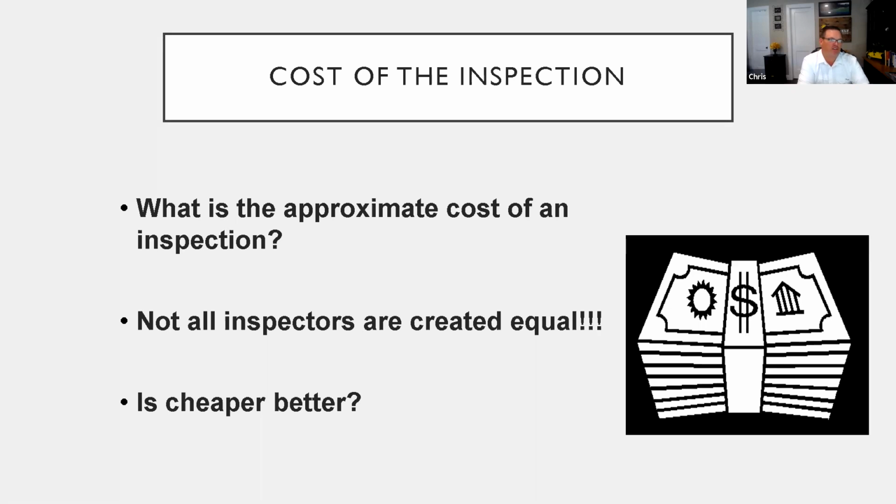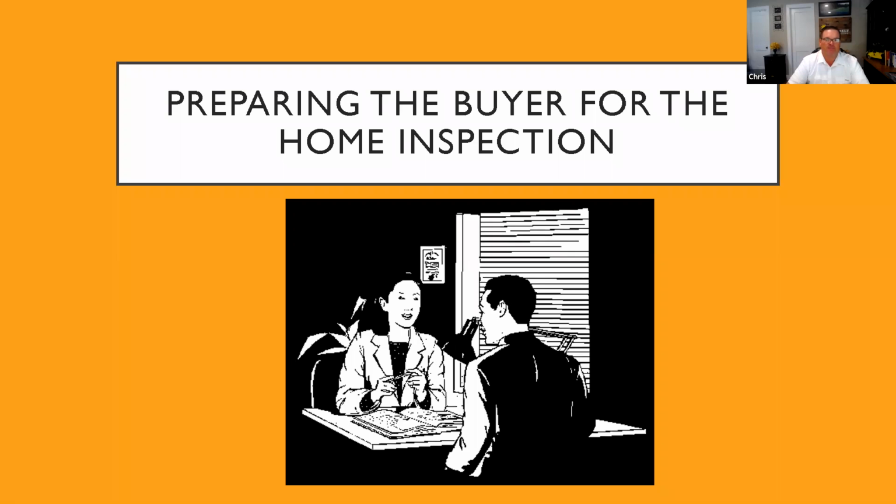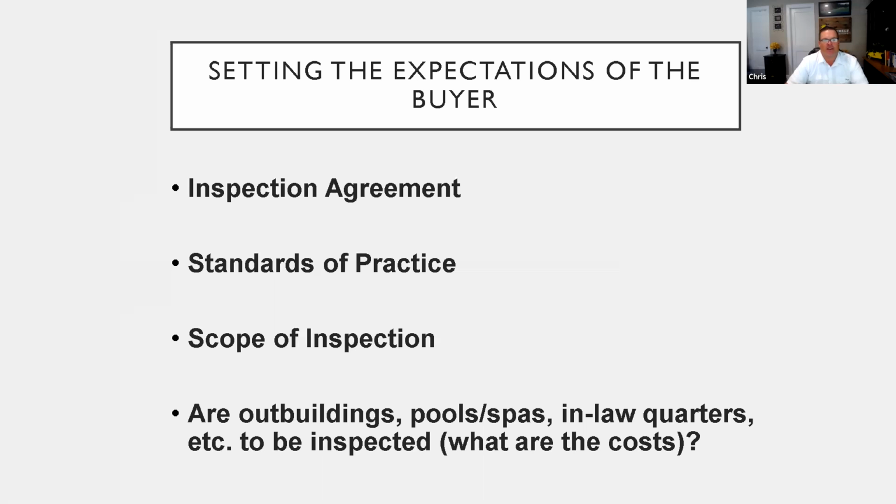It's going to take them longer to get an inspection scheduled and booked, and you're probably not going to get a very good product from that. So we recommend you not give costs for inspection. Let them work on that themselves, because we see lots of problems from that. Not all inspectors are created equal, and cheaper is not always better. That's for sure.